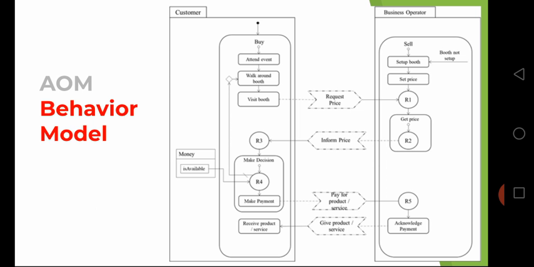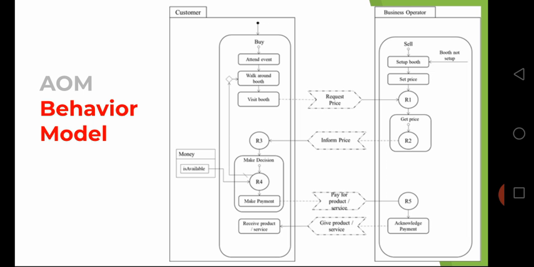Alright. In the second layer, we develop the behavior model. Okay, so basically in the behavior model we want to depict what the business operator and the customer will react to in the environment.